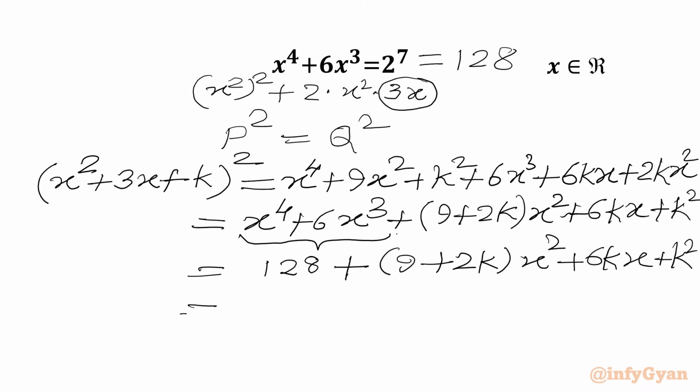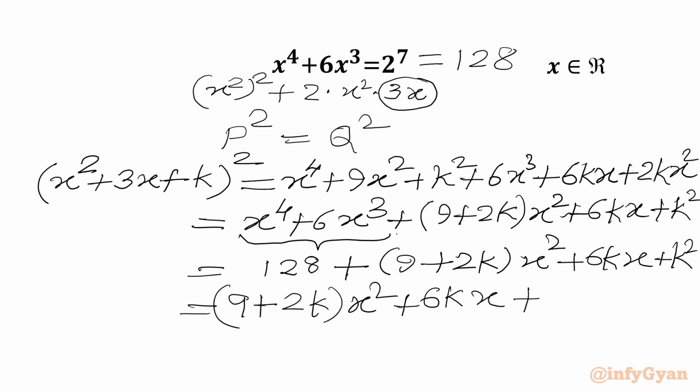Now we will rewrite our RHS. We will write 9 plus 2k times x square plus 6kx plus k square plus 128. Now right hand side is quadratic expression in x.